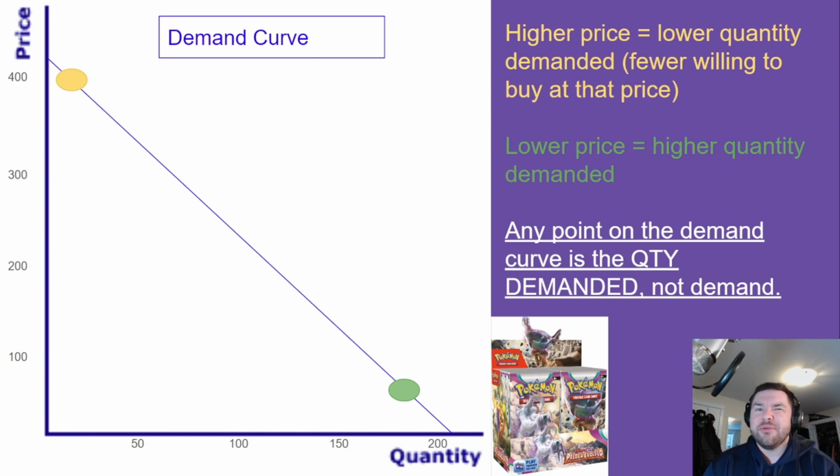If they were $400, probably nobody, except, I don't know, maybe someone in a market somewhere else in the world, outside North America, Europe, major hubs, that doesn't have great access to product, and maybe they're more willing to pay a higher price because it's harder to get. All right, so that's basic, right? We understand that. The higher the price, the fewer demanded. The lower the price, the more likely a higher quantity demanded.